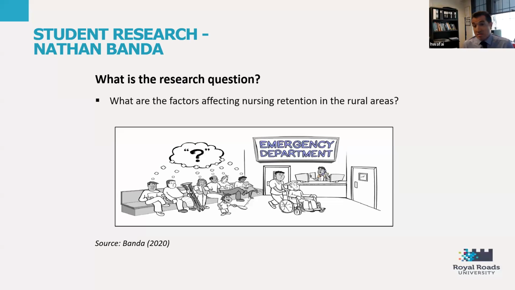So based on that, Nathan proposed a research question: what are the factors affecting nursing retention in rural areas? Of course, that's the initial research question that Nathan proposed.